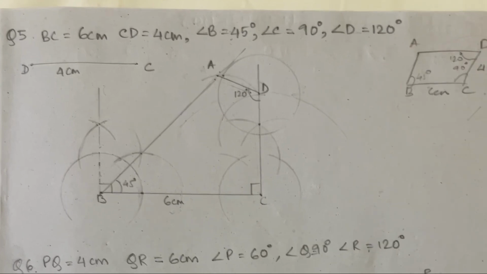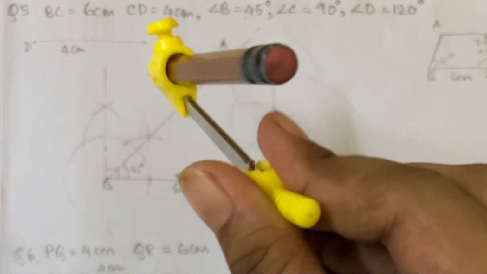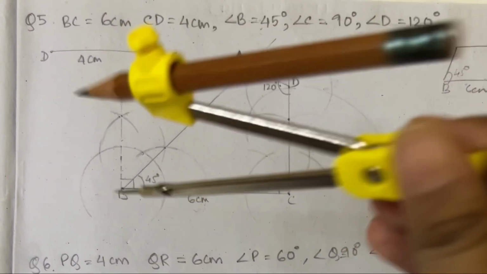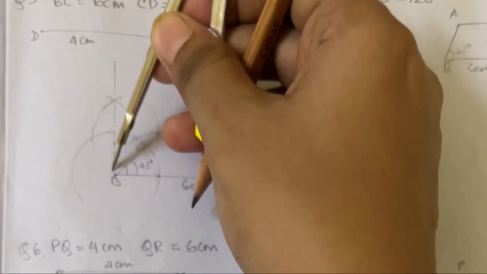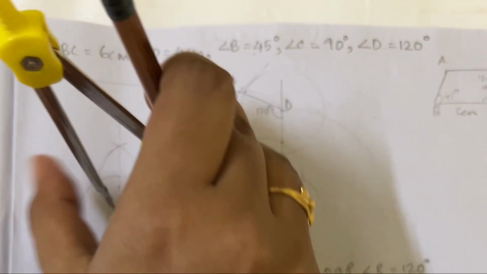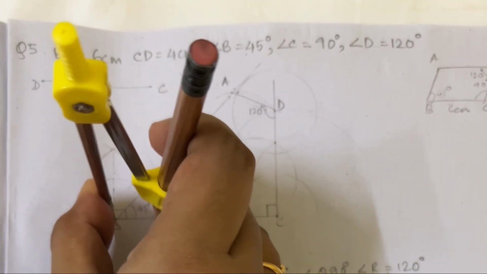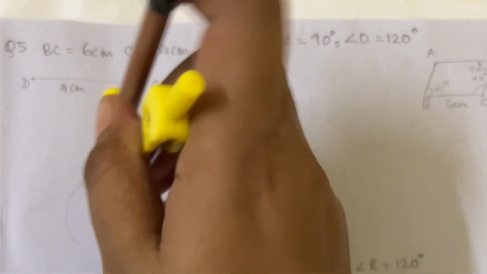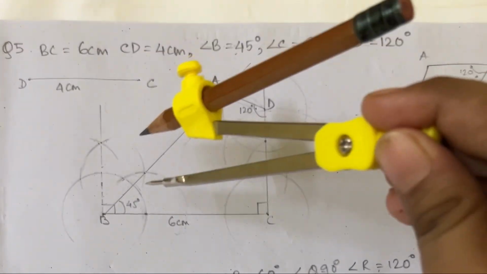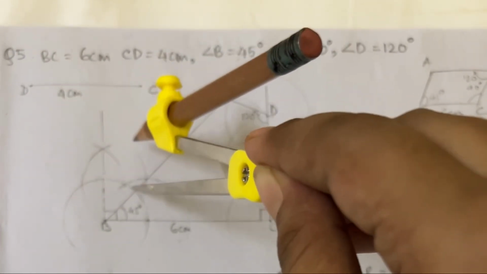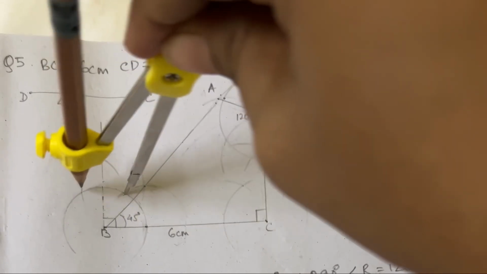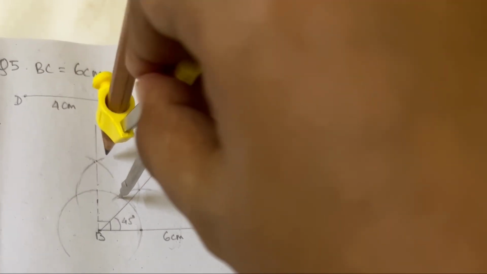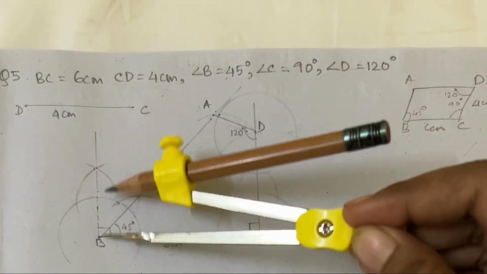Now to draw 45 degree, first we draw a 90 degree angle. So how do we draw a 90 degree angle? First we take a small radius. Now drawing a half semicircle, we put the needle here and draw 60 degree, and then again from the 60 degree we draw 120 degree and make an arc here, and again putting the needle at 120 degree we make an arc here, we get 90 degree.